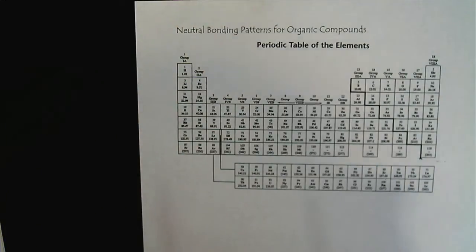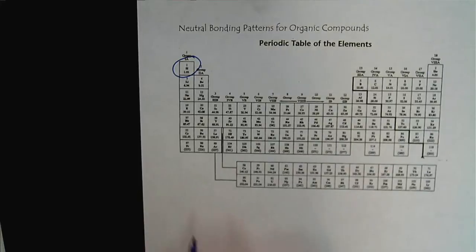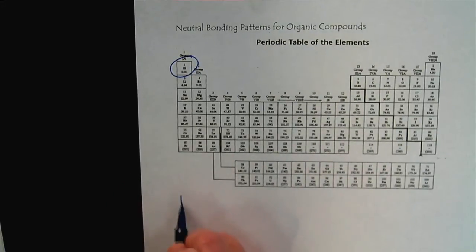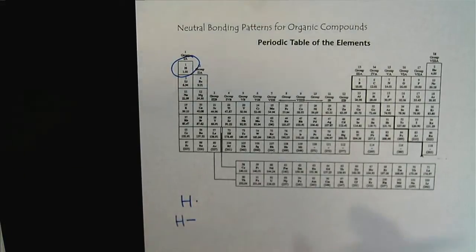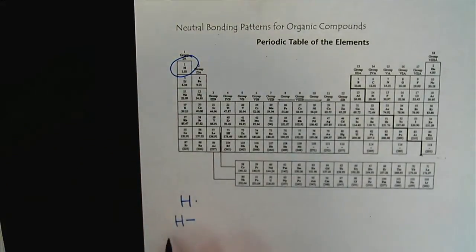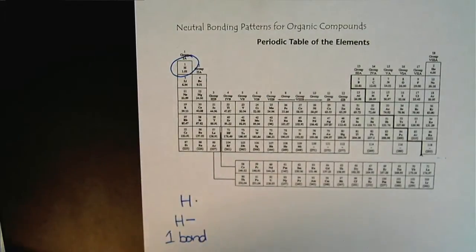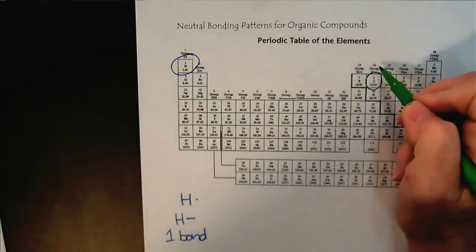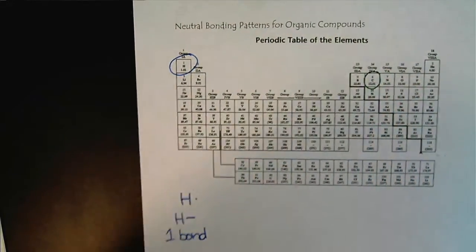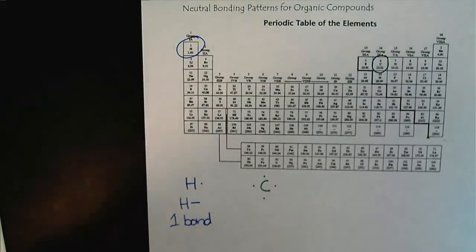So, for example, when we look at hydrogen, we know that hydrogen is group 1. It only has 1 valence electron, so hydrogen always wants to have only 1 bond. When we compare this, for example, to carbon, which is group 4, we recognize carbon has 4 valence electrons.